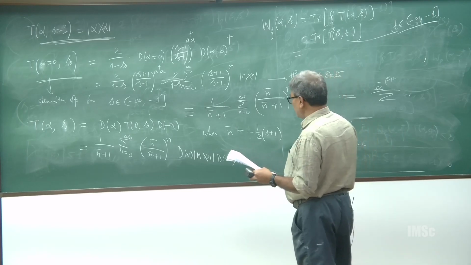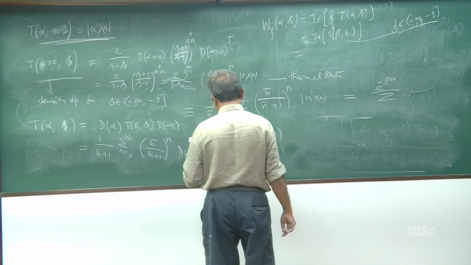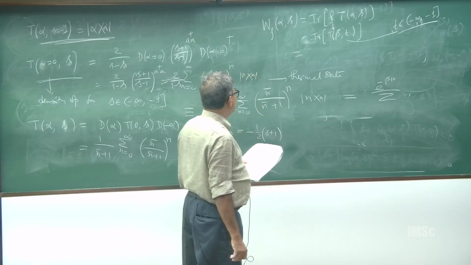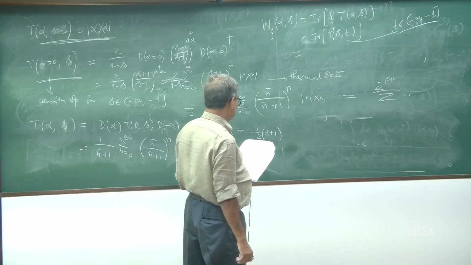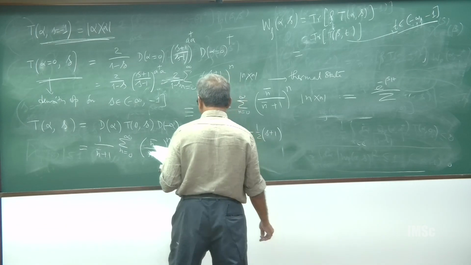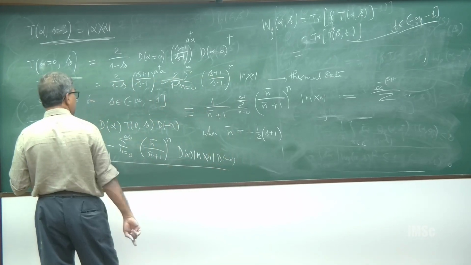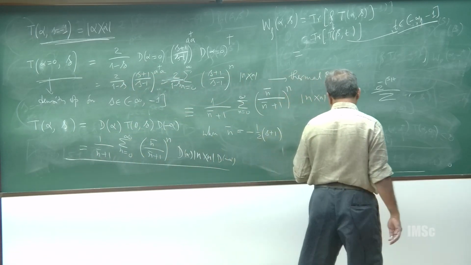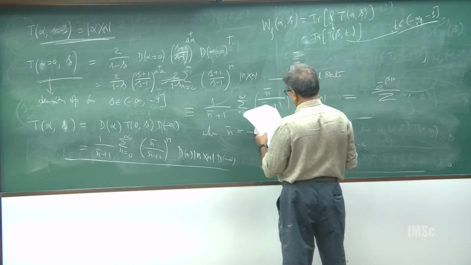So, this is your expression for T of beta t, and then if you use, again I am not going into the details, basically what you will have is this one.